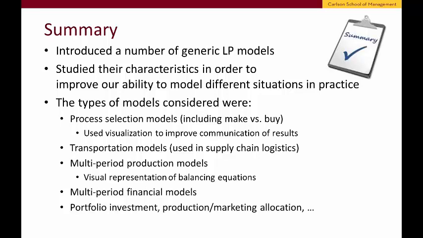We started with the process selection, make versus buy, transportation, multi-period production and finance model, and demonstrated how these can be built in a spreadsheet along with some process visualization with flowcharts and visualization of results with some basic Excel charts as well.